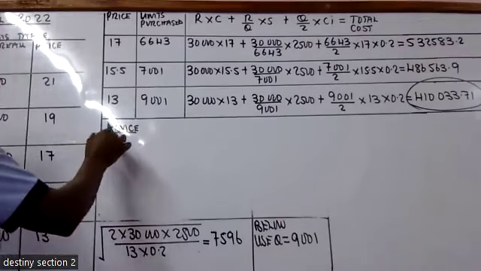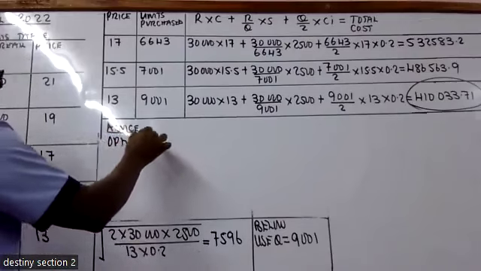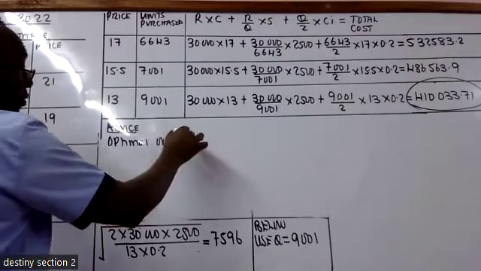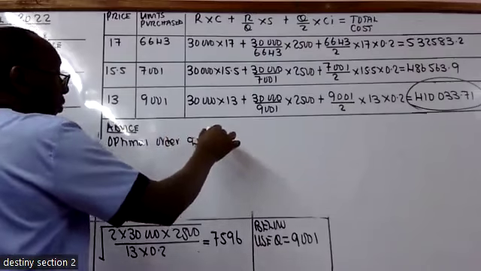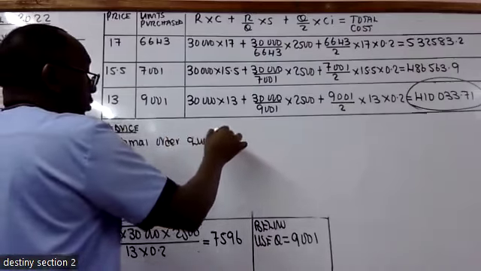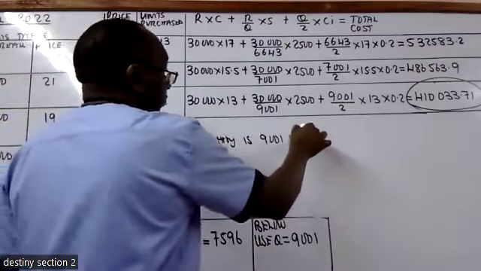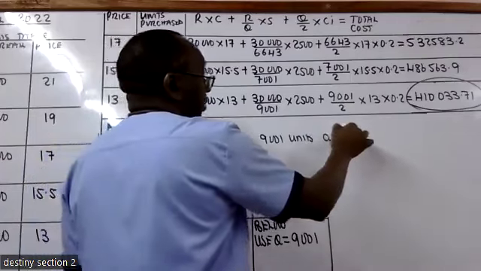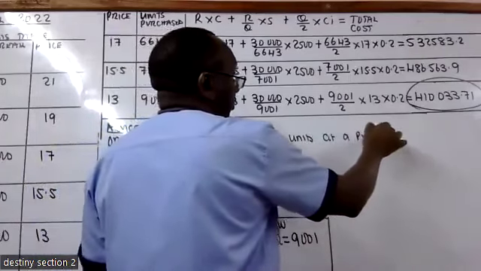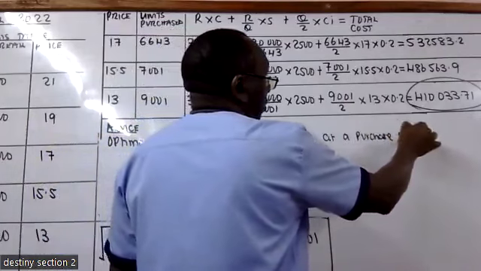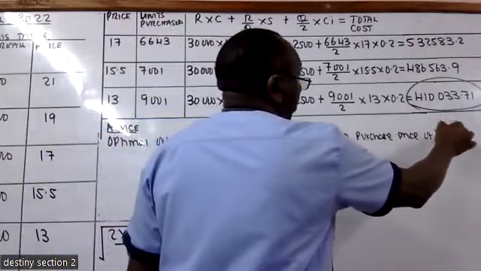So the optimal order quantity is 9,001 units at a purchase price of shillings 13.